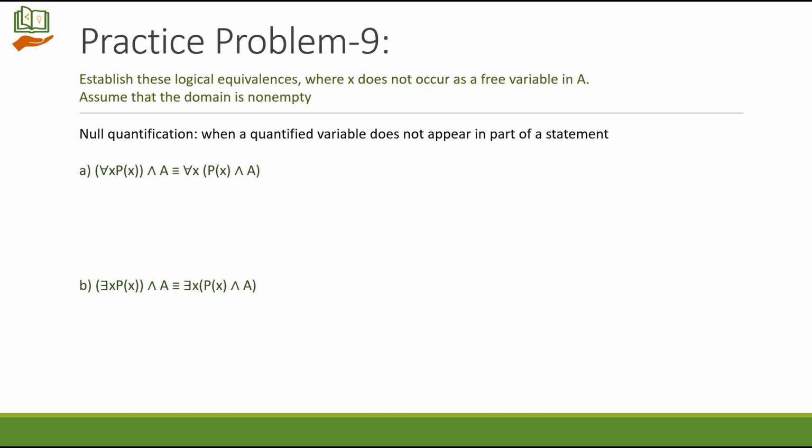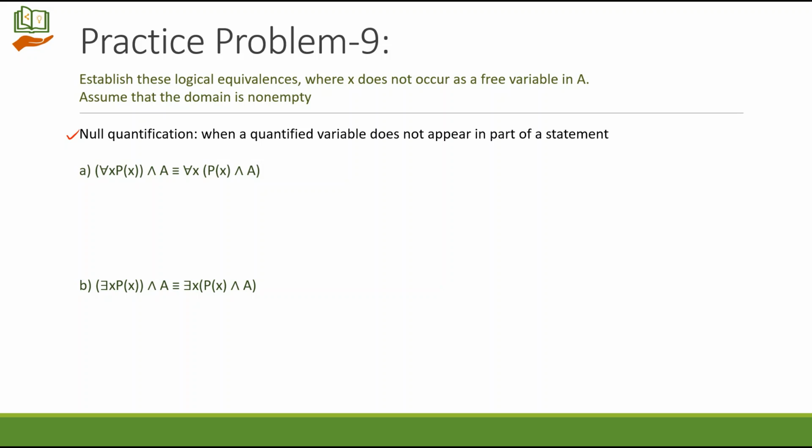This is just an additional learning that is required, so I have just included it here. Imagine the expression is going to have a variable called Y, but the quantification is for X. X is never used inside the expression. So that is null quantification. There is no use, right? When the quantified variable does not appear in the statement, what is the use of quantifying it?